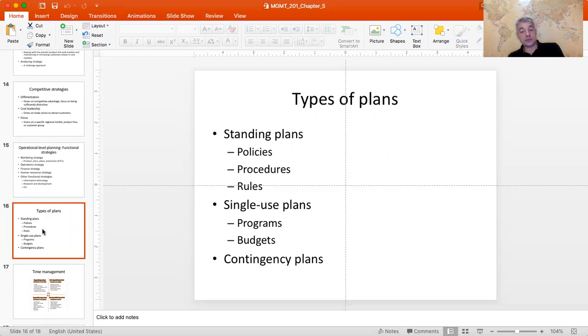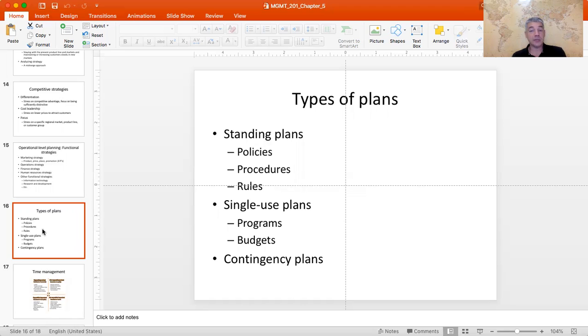Types of plans. Three big groups: standing plans, single-use plans, and contingency plans. Standing plans are created for some standard processes, right? So things like policies or procedures or rules that you create within a company that could be applied towards many future situations, that would be an example of a standing plan.